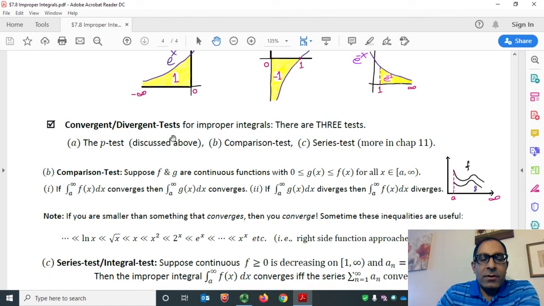Convergent divergent tests for improper integrals. There are three tests: the p-test we discussed above, the comparison test, and the series test. The series test we study more in chapter 11, infinite sequences and series. So now let's talk about the comparison test.